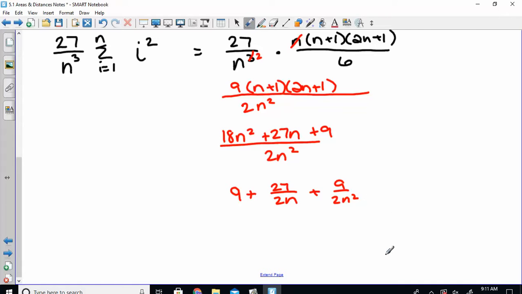So basically, this is a formula. If I said 5 rectangles, you can plug a 5 into this, and you get an answer. If I said 17 rectangles, you could plug 17 into this and get an answer. But what do I need to do if I want the exact answer? We need to do the limit as n approaches infinity of this.